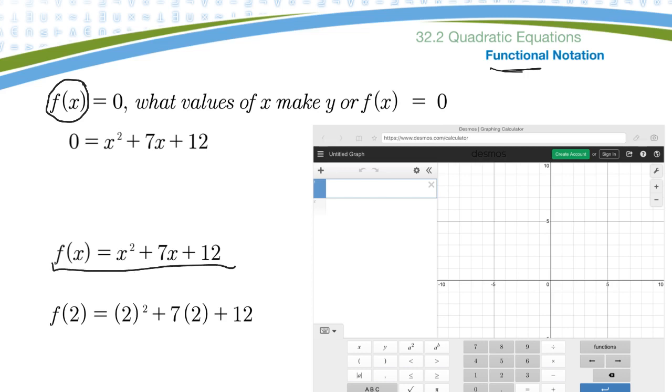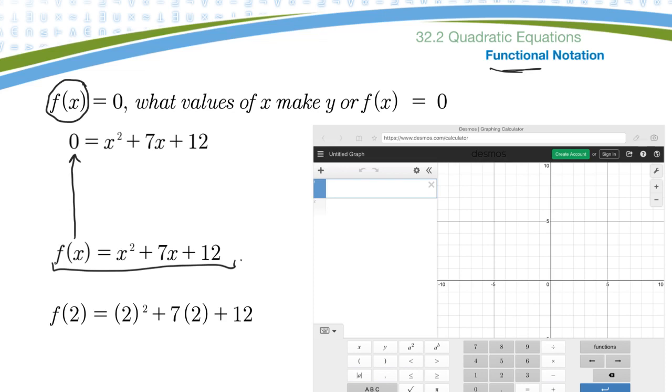It could have started like this. So there's a function, and what I want to know is what the zeros of the function are. And so I replace f of x with a 0. Okay, and then I solve that equation. And when I solve that equation, what I'm doing is looking for x-intercepts.